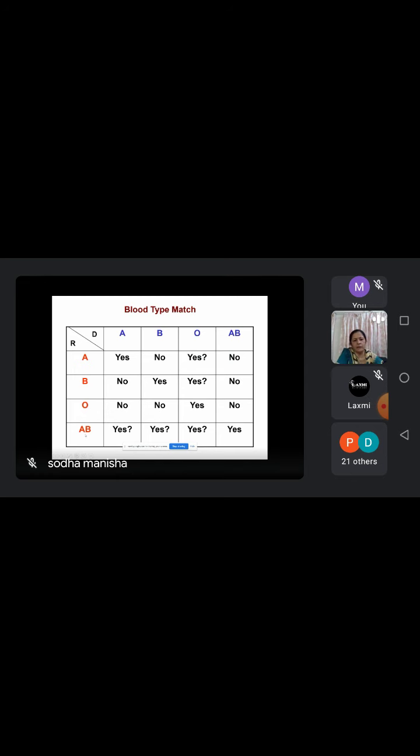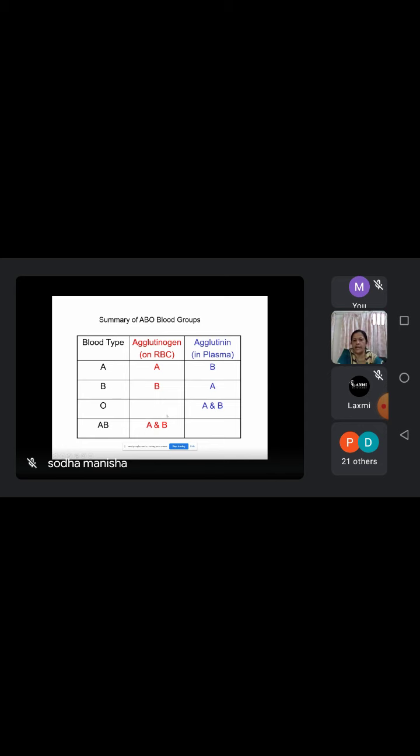Now, a person with blood group AB can be donor for AB only, because in this blood both types of agglutinogen A and B are present. Now if we consider being a recipient, a person with blood group A can receive blood from A and from O, because in O, agglutinogen is absent.